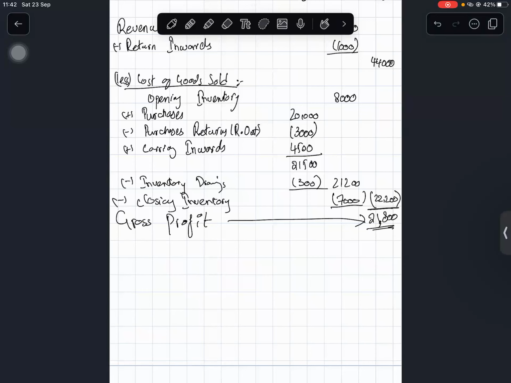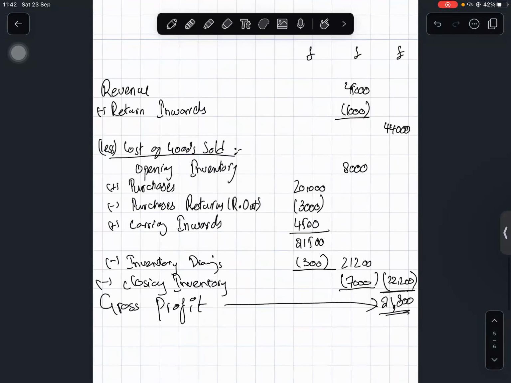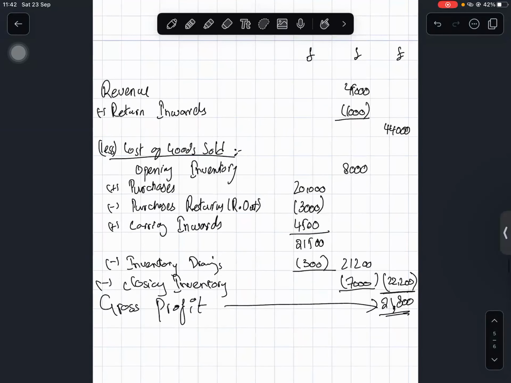Sir, can I write plus and minus signs rather than writing less or plus in words? Yeah, that is more preferable, in fact. And also, you can write add instead of plus. It will save you time. Yeah, but I would highly suggest don't use the signs.